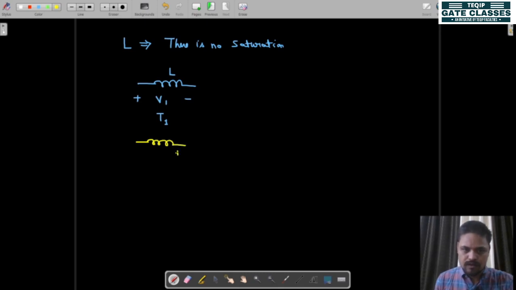So, you change the polarity, and the voltage by which it is getting discharged is V2, and the time it is getting discharged for is T2.